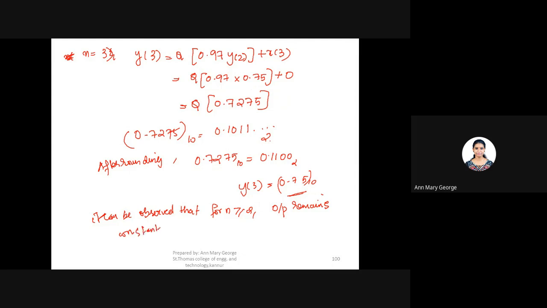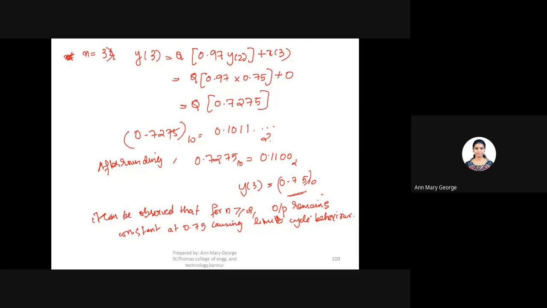The output remains constant at what value? 0.75, causing limit cycle behavior. Therefore, there exists a limit cycle.